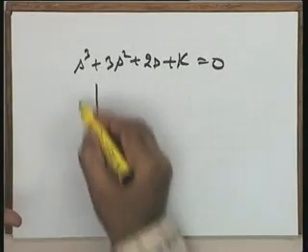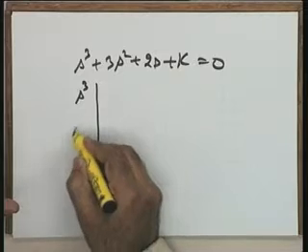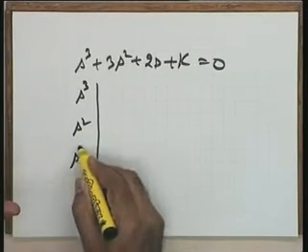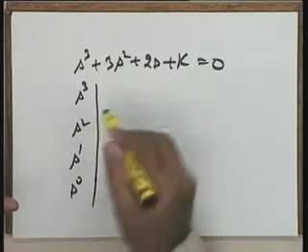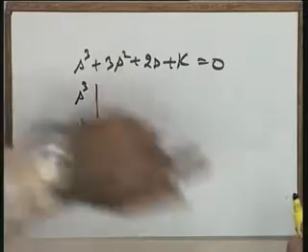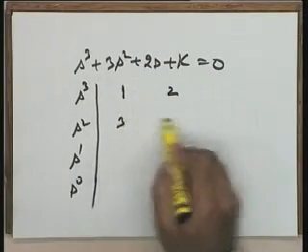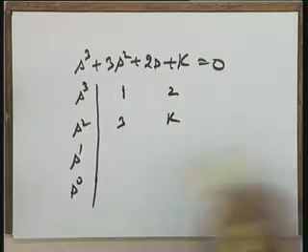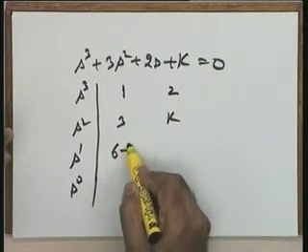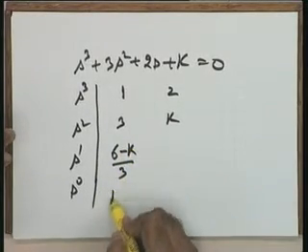Make a Routh table. I am repeating this because in tutorial class there was a little confusion. You are not remembering this point, that is why I am repeating. If you make a Routh table, it is 1, 2, 3, k. Okay. So, continuing with this, it is (6 minus k) divided by 3, k.